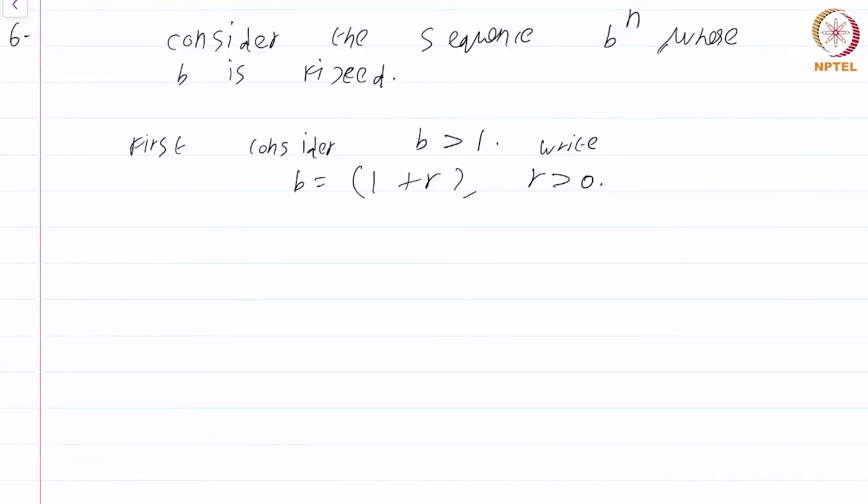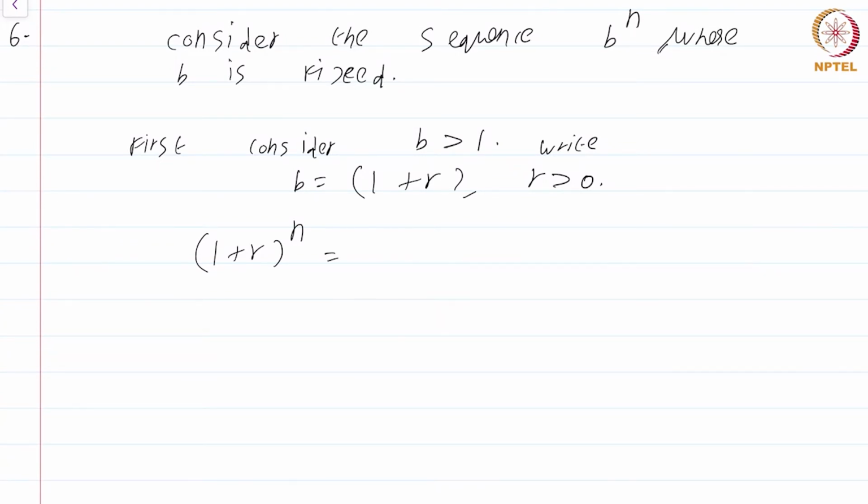Now I want to compute 1 plus r power n. That's the nth term of this sequence. How do you compute this? Well, we know the familiar binomial formula. If you're not familiar with this, just check your high school textbooks again. You would have proved it using induction or by a combinatorial argument. Now what is this?